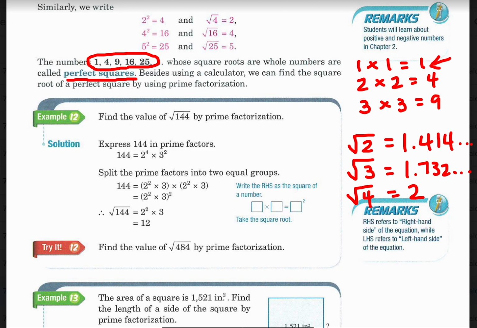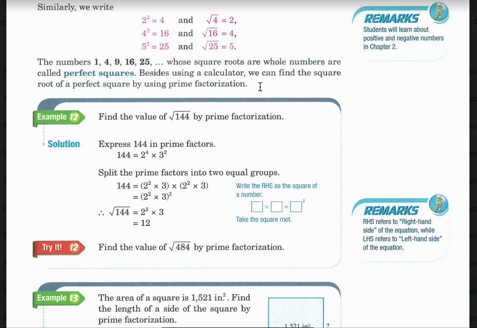Let's try a problem now. This example 12. Find the value of the square root of 144 by prime factorization. Now you probably already know off the top of your head what the square root of 144 is, because you're trying to figure out the number that multiplies by itself in order to get to 144, right?